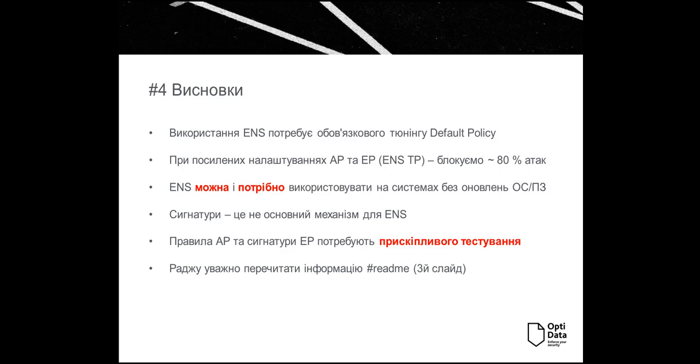Default policy is never intended to get you maximum protection. Default policy is all about maximum compatibility, not protection. You need to use ENS on legacy systems and on systems which did not get updates properly. I mean Office, I mean Windows, and etc.